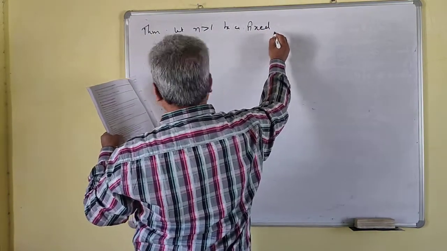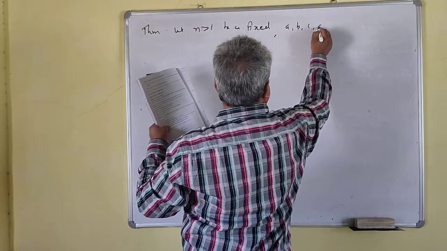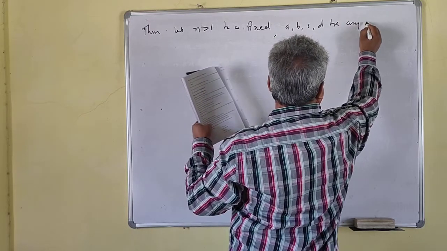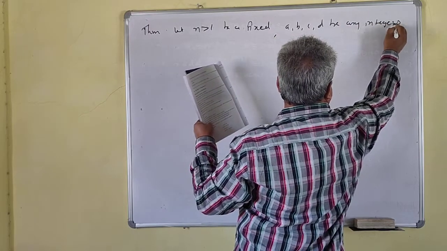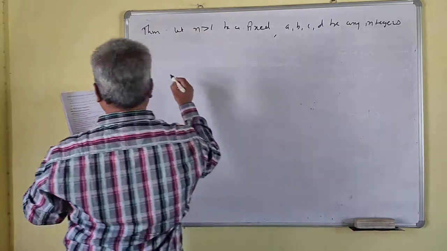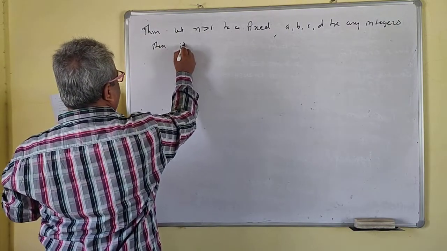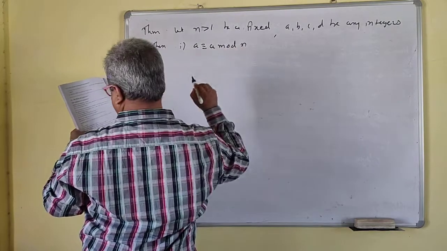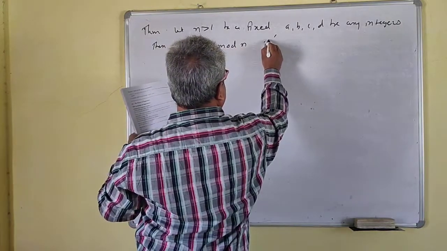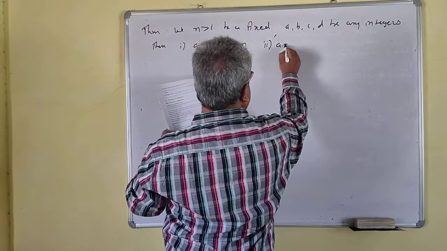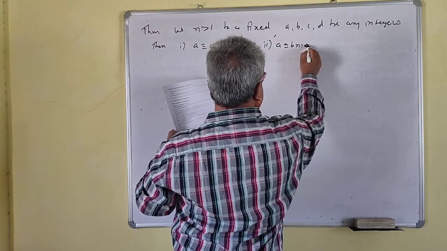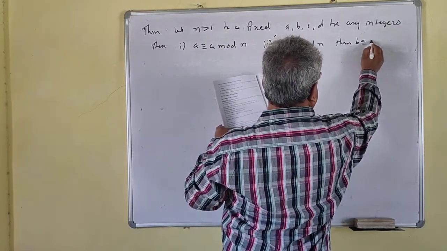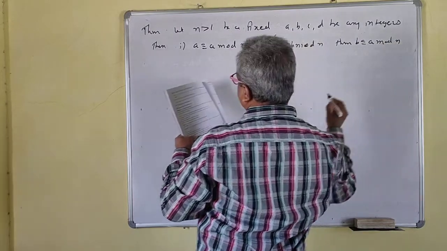Let n belong to the positive integers be fixed, and let a, b, c, d be any integers. Then first, a is congruent to a mod n. Second, if a is congruent to b mod n, then b is congruent to a mod n.